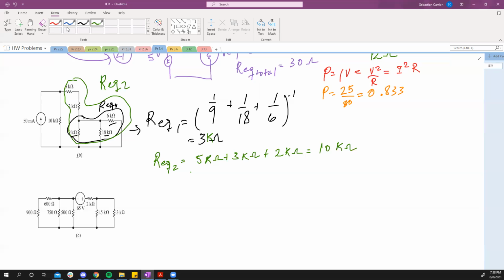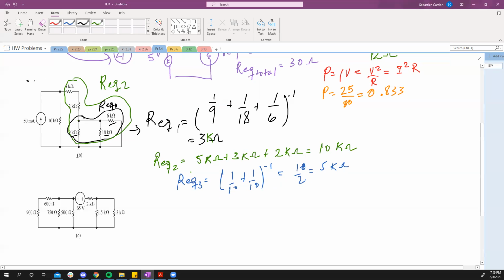So do it in blue. In other words, this could be 10 over 2, 5,000 ohms.